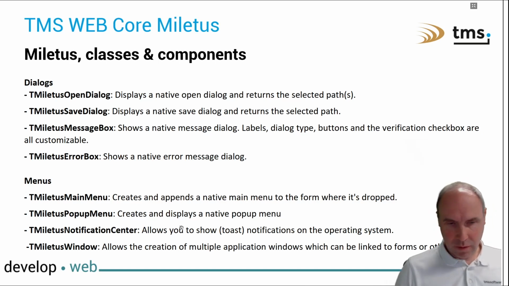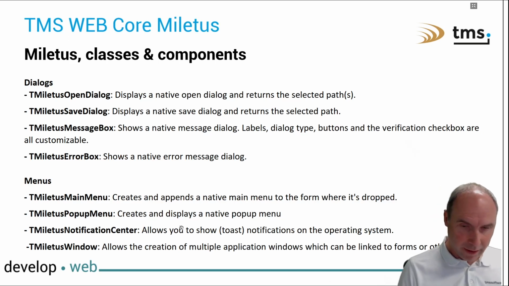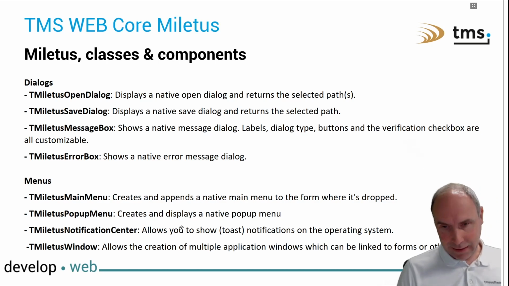Also menus. In Windows applications you have the typical Windows menu, but the same applies for a Mac OS application, where the difference is that in Mac OS the application menu is on top of the screen, whereas in Windows it is integrated within your form client area.